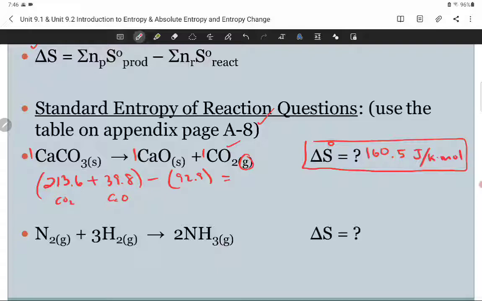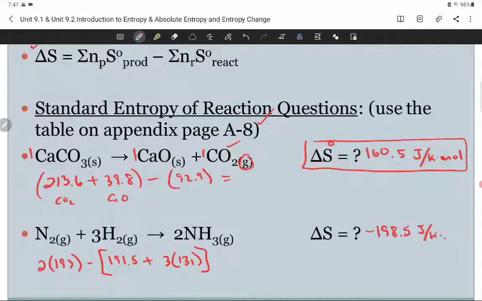Okay. So the second one, I got 2 ammonias, and then the reactants, I had 191.5 for nitrogen and 3 times 131 for hydrogen. Put those together, and I got negative 198.5 joules per Kelvin mole.